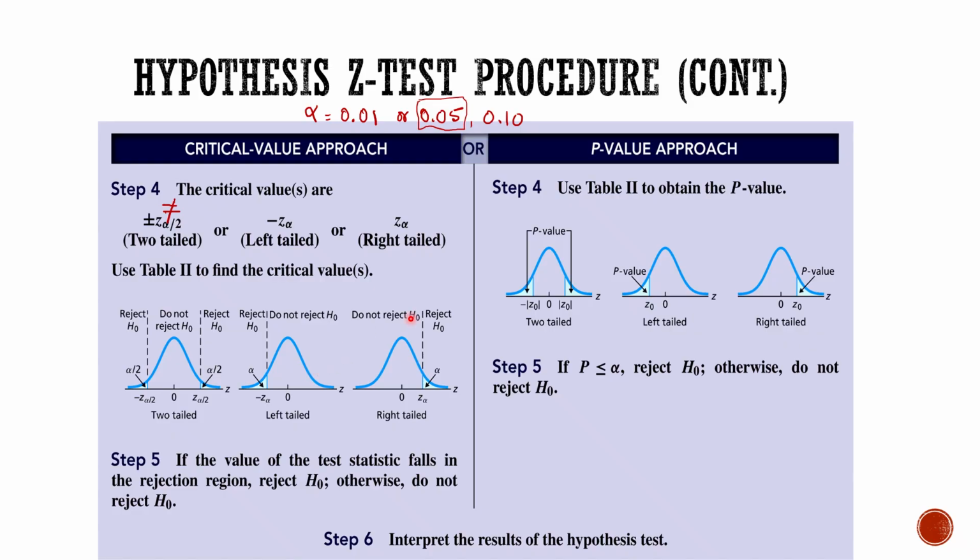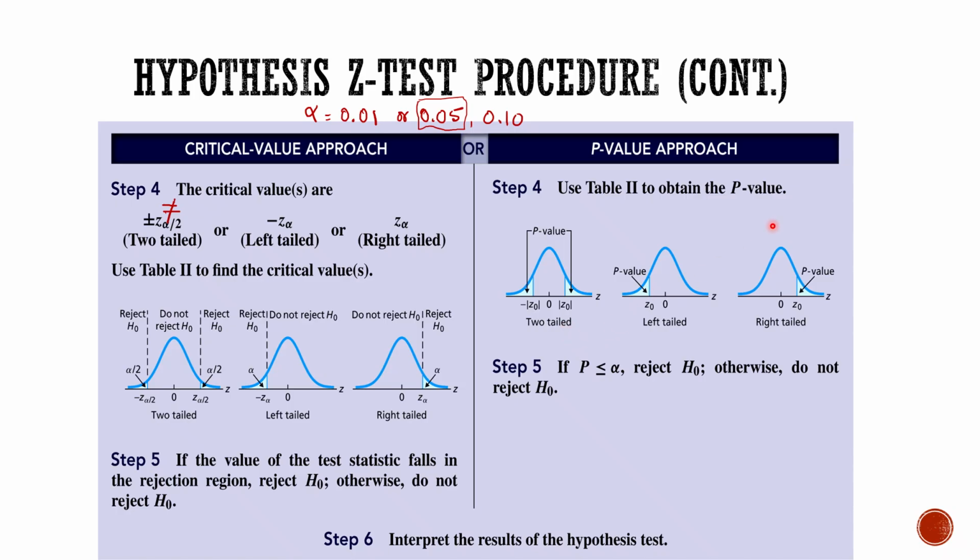All right. As for the p-value approach, we start with the test statistic we found in step 3. We find the probability of getting a test statistic value like the one we found, assuming that the null hypothesis proportion is true, right?